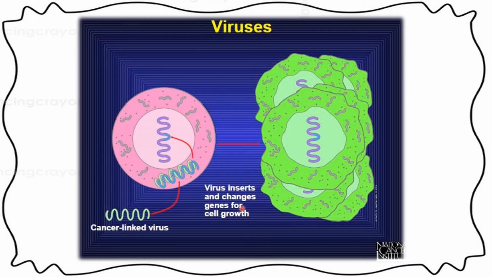So this is what happens when the virus infects an individual. The virus inserts and changes genes for cell growth, and then the abnormal cells multiply in an uncontrolled way.